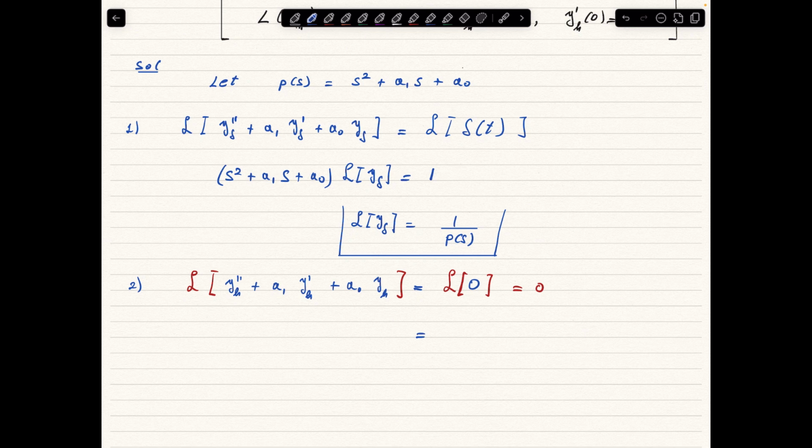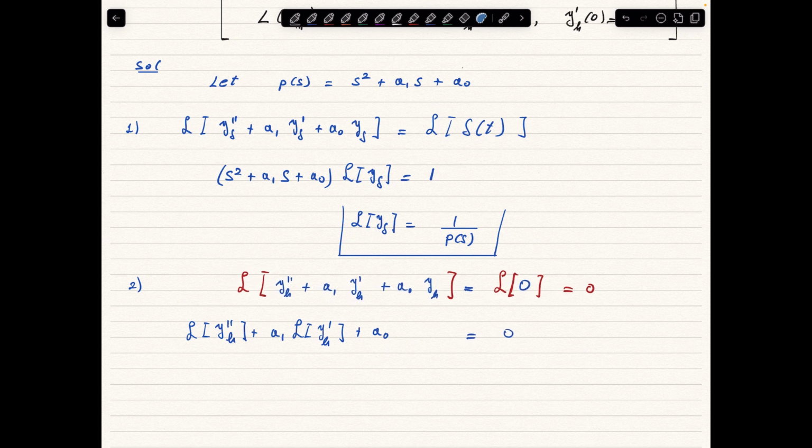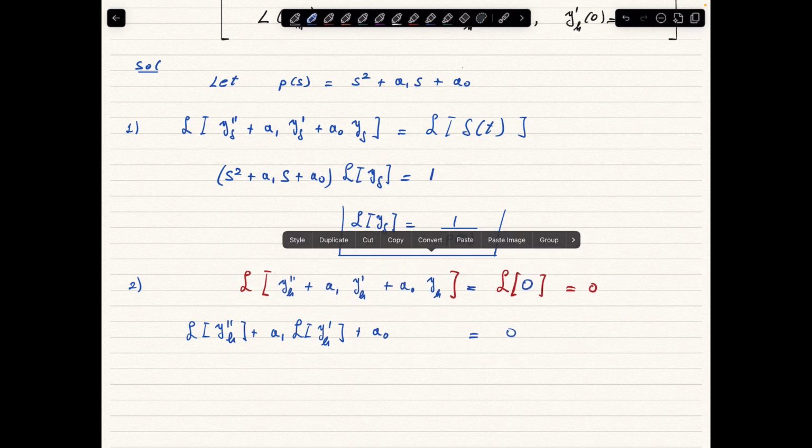So we have 0 here, and now we have the Laplace transform of the second derivative of yh plus a1 times the Laplace transform of the first derivative of yh plus a0 times the Laplace transform of yh, all that equals 0.